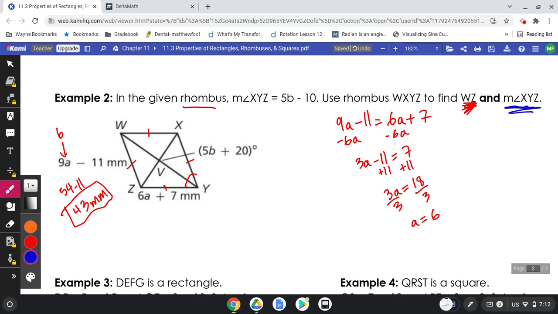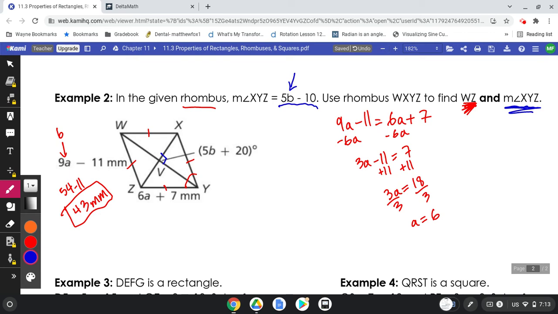Our end goal is to find the measure of XYZ. We know that the measure of angle XYZ is right here, 5b minus 10. So if we can figure out what b is, we can plug it in right there and multiply it and then subtract 10 and we'll have our answer. Here's the thing. We don't know what b is yet, but we know this is a rhombus, which means that each of these is a right angle.